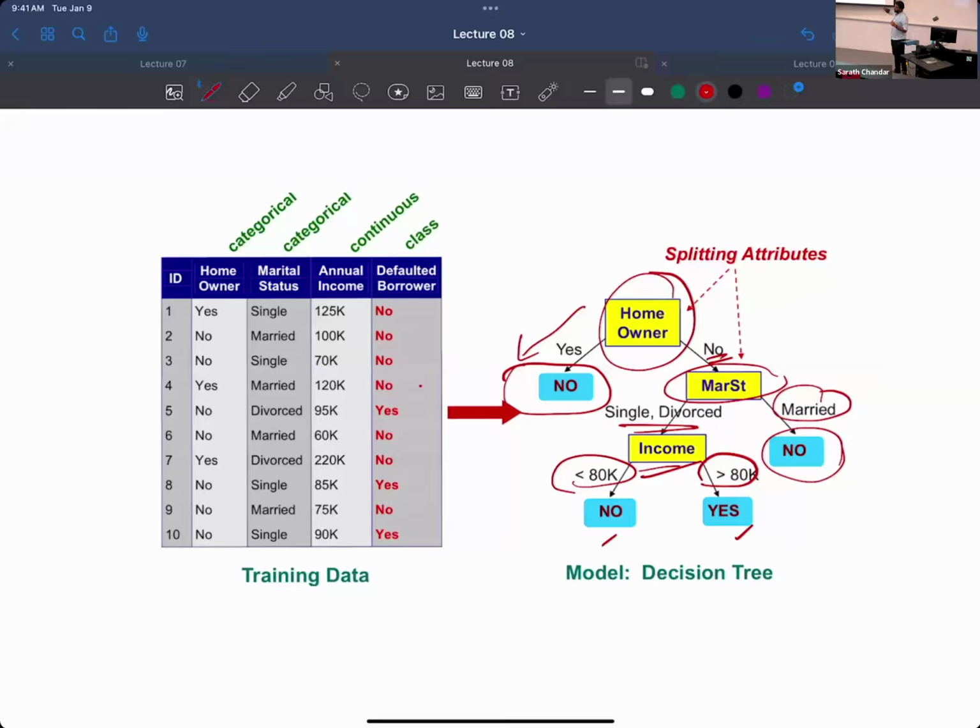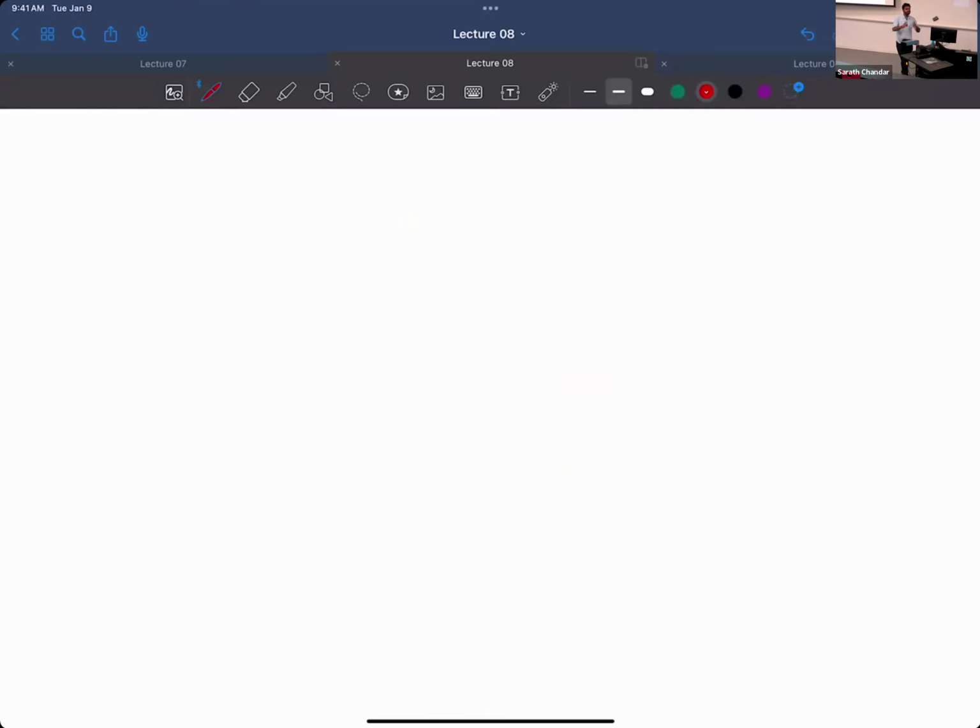Once I do the first node, then I can repeat the same process with other tests, and repeat until I reach all yes or all no, or until I reach a place where it is clear that this is yes or no. So this idea of recursively finding the best split is the core idea for coming up with a decision tree, and this is called Hunt's algorithm, mainly because he came up with the first version of the decision tree, but then there are hundreds of variants of decision trees.